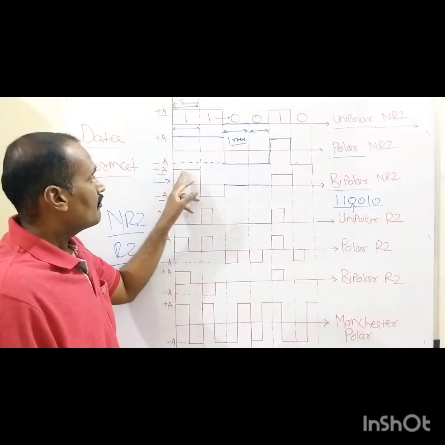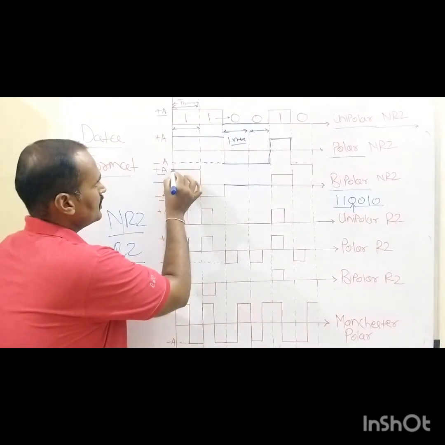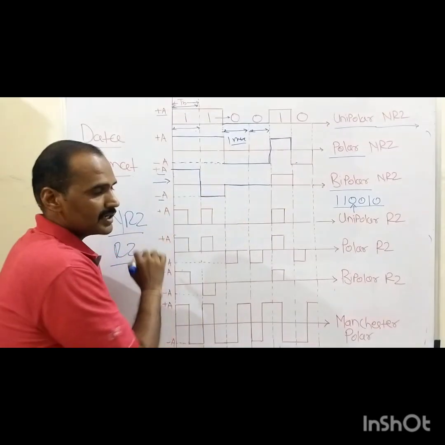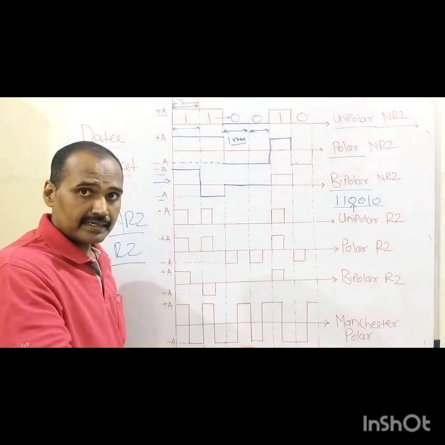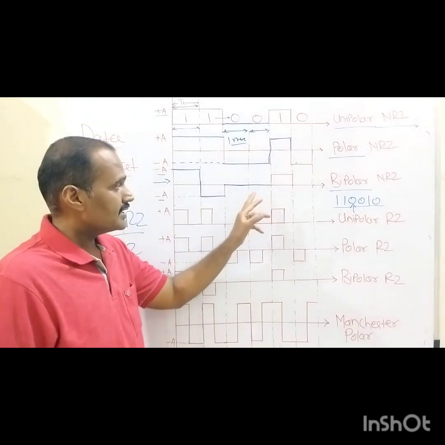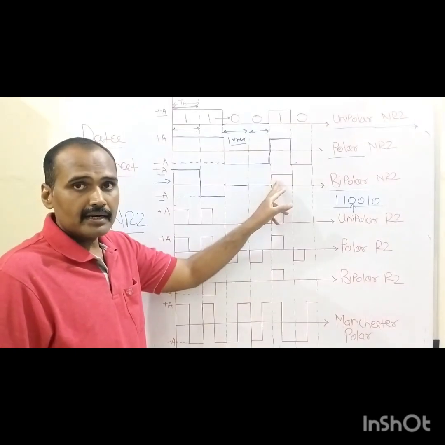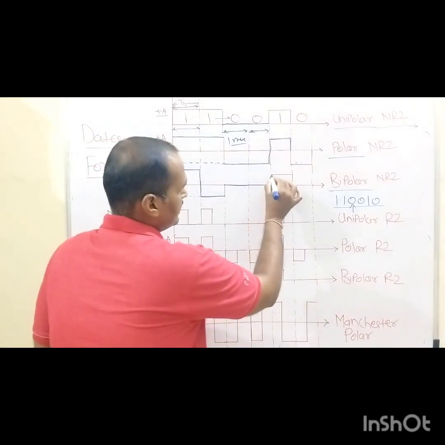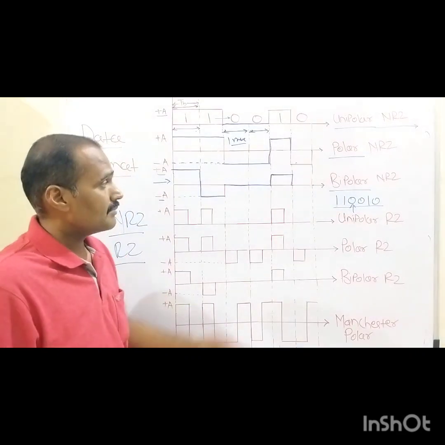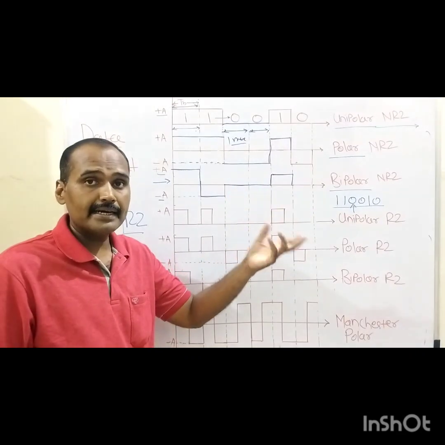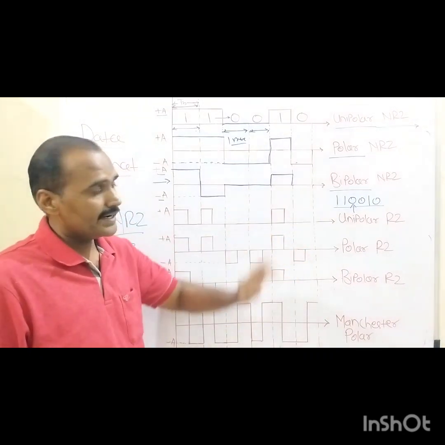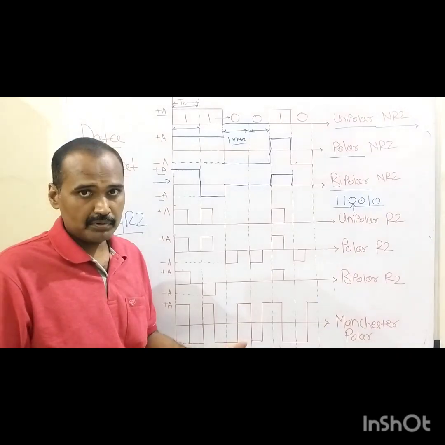Let us quickly go through how it is assigned. For the first binary 1, plus A volt is assigned. For the second binary 1, minus A volt is assigned. Then in the third transition, when the sequence changes from 0 to 1, plus A volt is assigned. So in this alternate fashion, the positive and negative voltages are adopted only for binary 1, not for binary 0. This is the unique identity of the bipolar NRZ type of sequence.